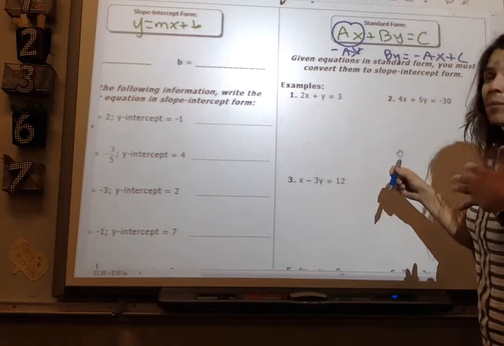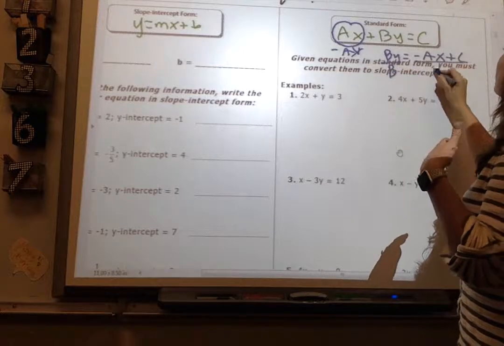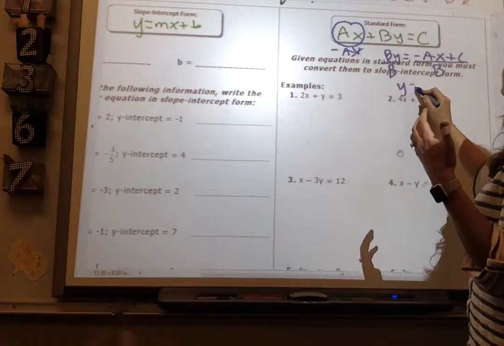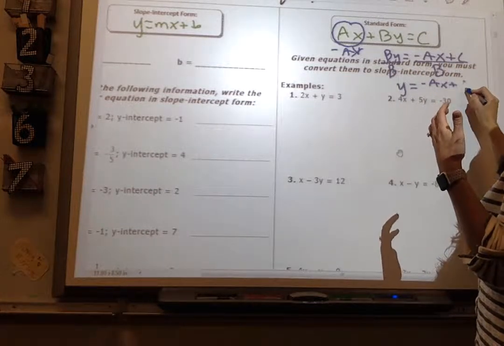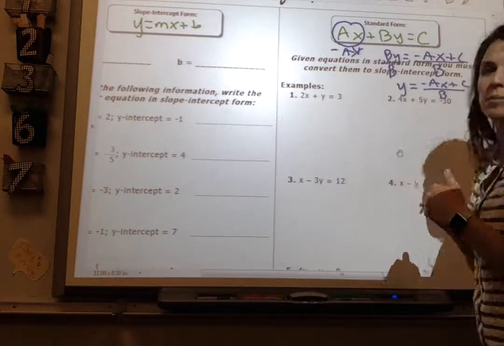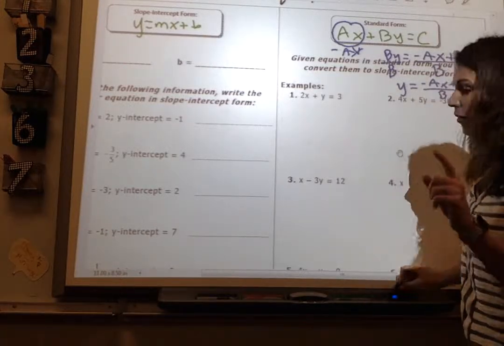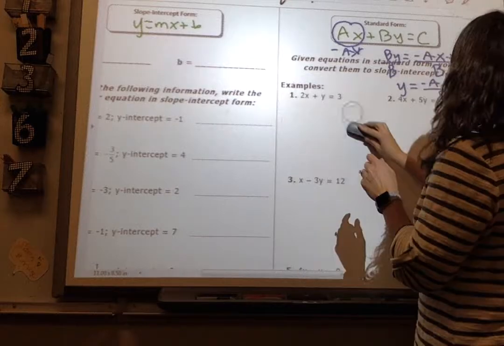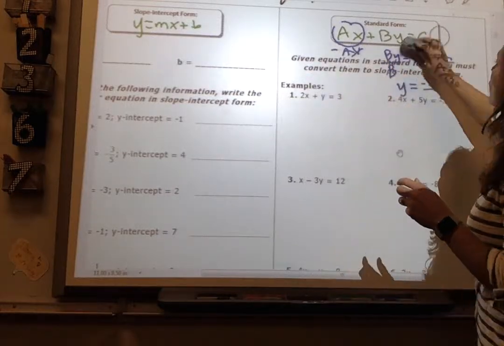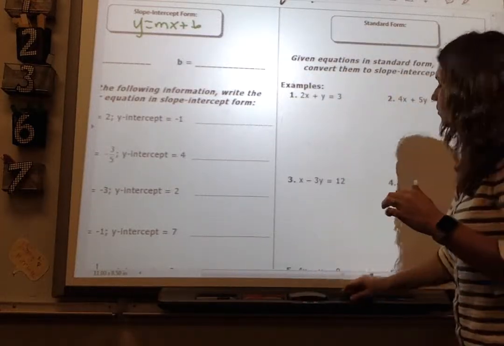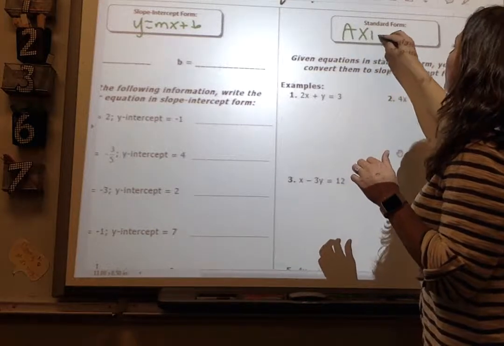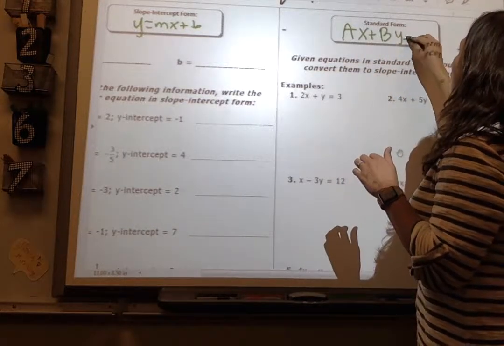And then to get y by itself, we divide everything by b. And then I would be left with y equals negative ax plus c all over b. Remember when we isolated for y? Well, that's what we're doing, except now it's going to look a little prettier because we're not going to be dealing with just variables. Let me put that back up. Standard form, ax plus by equals c.